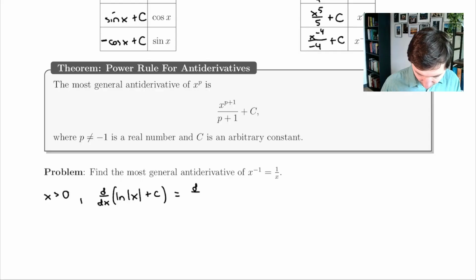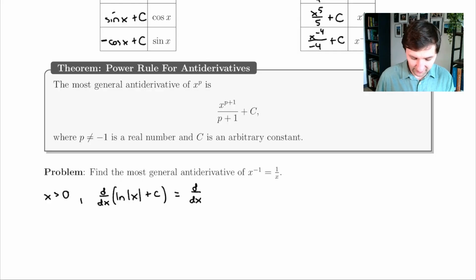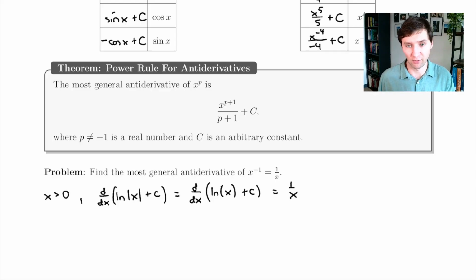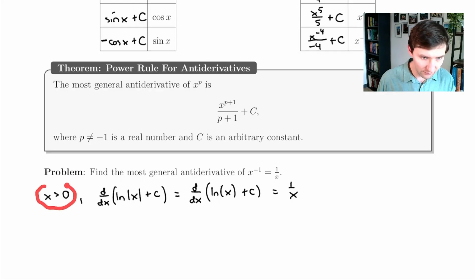It is the same thing as the derivative of simply ln of x plus c, because x's are bigger than 0, which means I don't need that absolute value here. And the derivative here is 1 over x, and the derivative of c is 0. So I get 1 over x. On the interval from 0 to infinity, the derivative of this expression is exactly 1 over x.